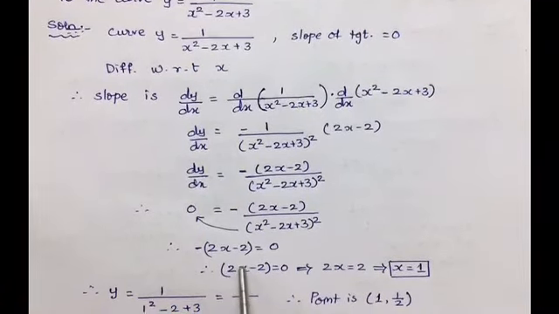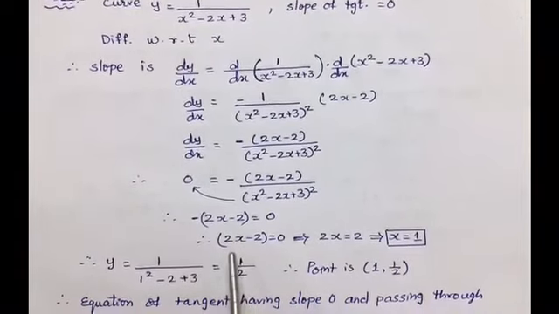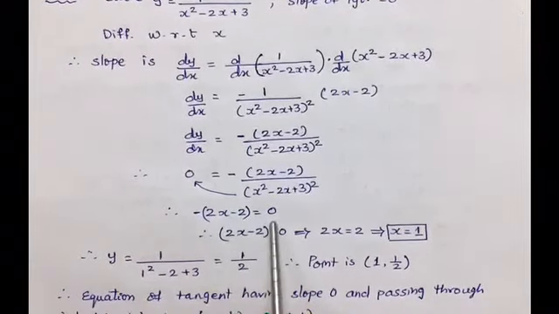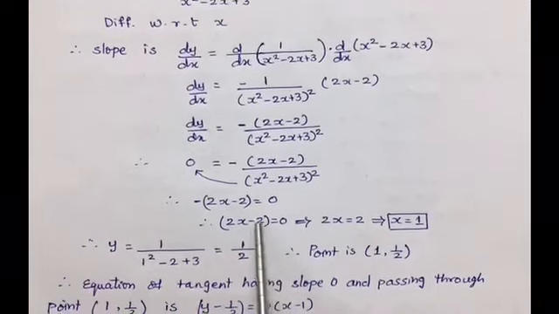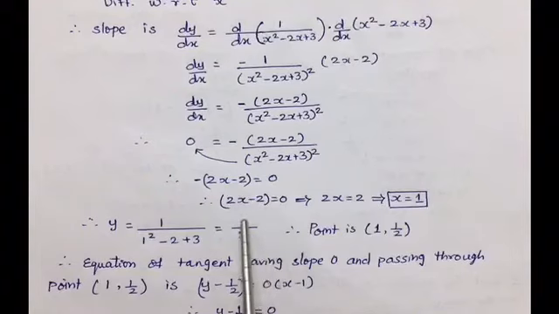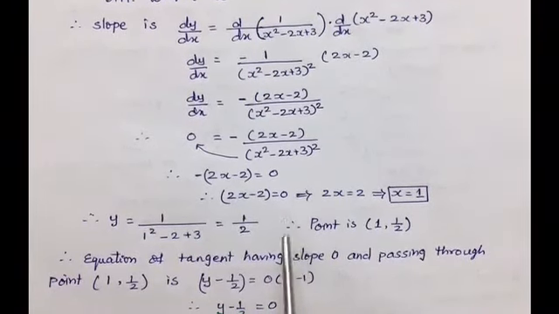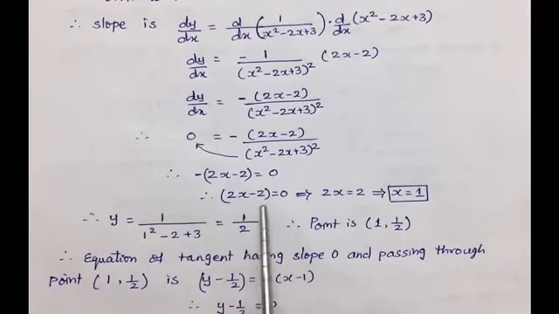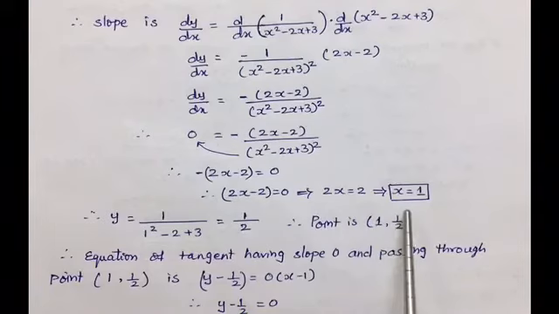Then we are left with minus 2x minus 2 equal to 0. Now after getting this, if we take the negative sign to the other side, it becomes 2x minus 2 equal to 0, and calculating the value of x we will get equal to 1.